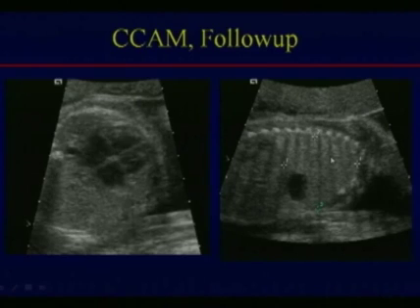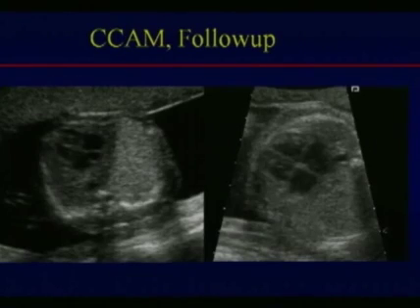So the CCAMs and these echogenic lung lesions are much easier to see in the second trimester than they are in the third trimester. The typical natural outcome is, in fact, that they will resolve and may become impossible to see. Here's another one, a large echogenic lesion, mass, and on follow-up it became virtually impossible to see.